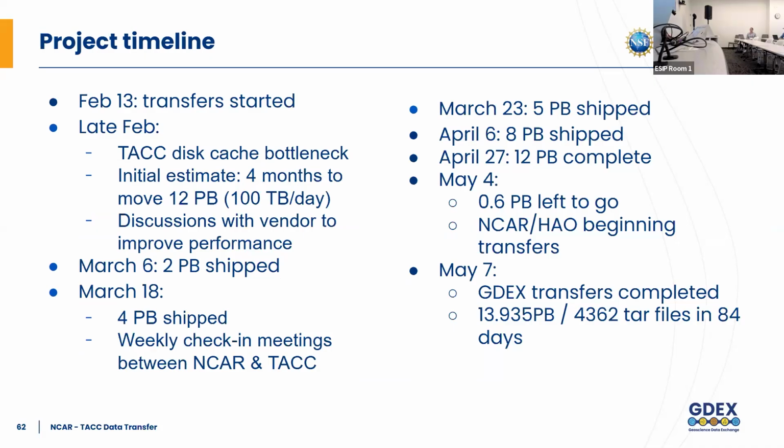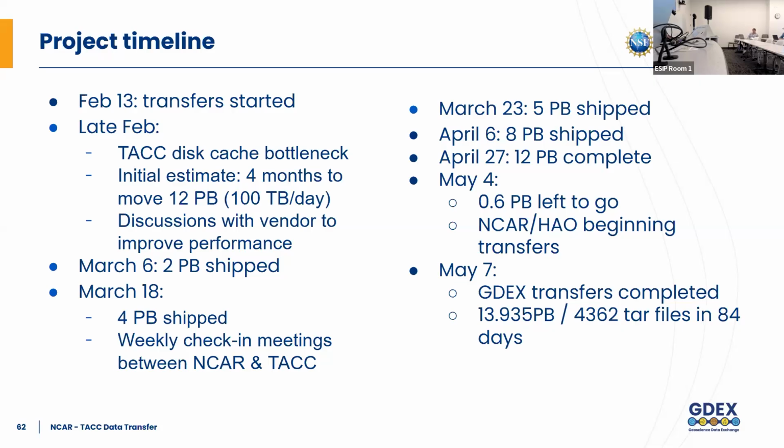We were also competing with other users at TACC. We were a special use case, transferring a large amount of data to the disk cache, whereas the other TACC users are just normal users backing up their data to disk or to tape. TACC talked to the vendor, and the vendor did some tuning to improve the performance.